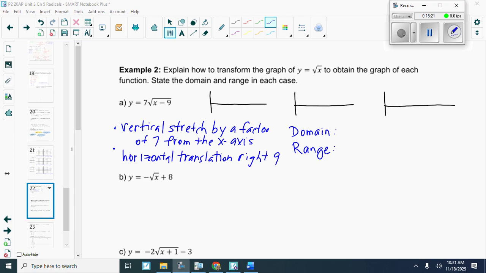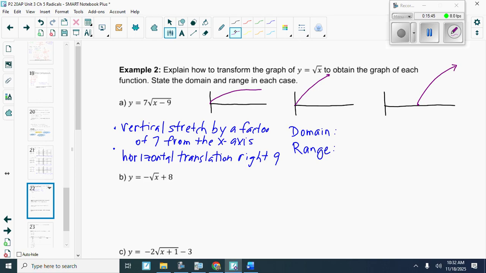If we were to do a quick little sketch, this would be my regular function. If I did a stretch, it would still be at 0, 0, but it would pull up, right? You're stretching it. And then if I did the horizontal translation right, it would be something like this.